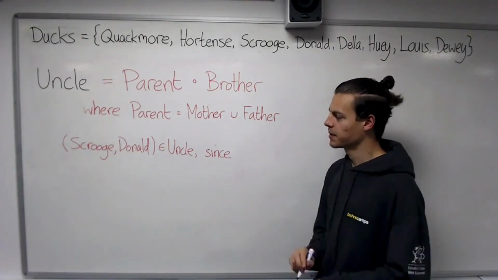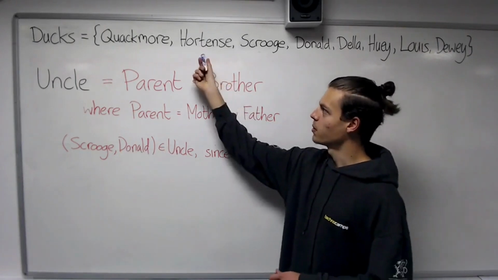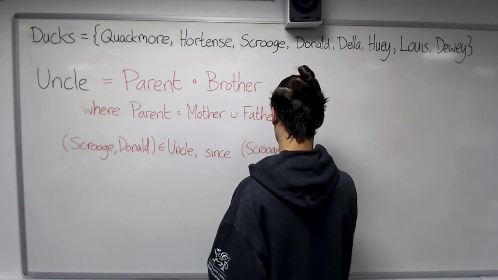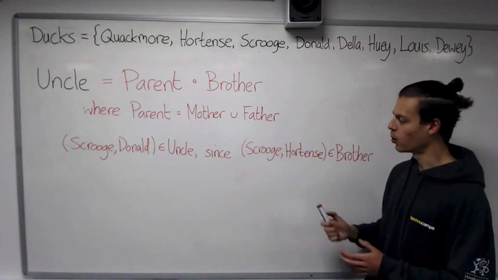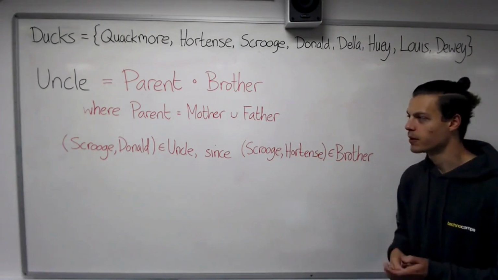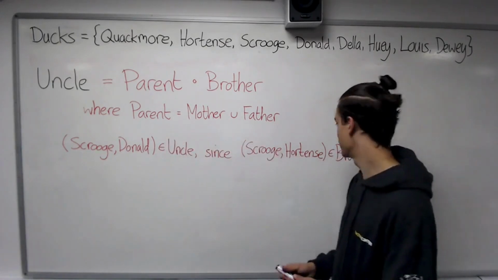And we know this since Scrooge is the brother of Hortense, and Hortense is the parent of Donald. Right? Hortense is the mother of Donald and therefore is a parent of Donald.